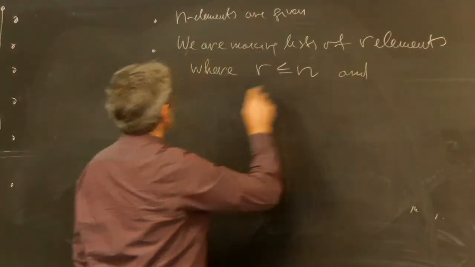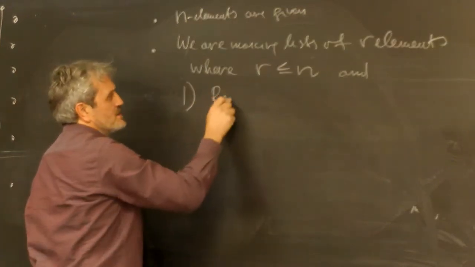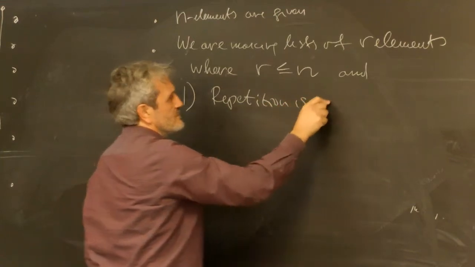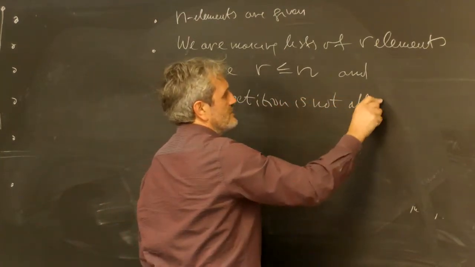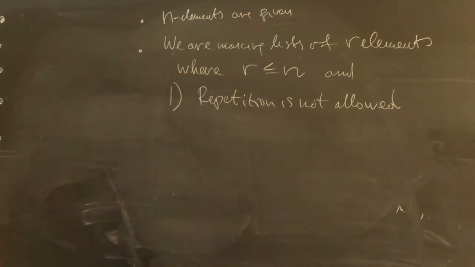And two important things. Number one, repetition is not allowed. That means when you use one of the letters in your string, you cannot use it again. Is that clear? But what if you want to use them? That's a different story.